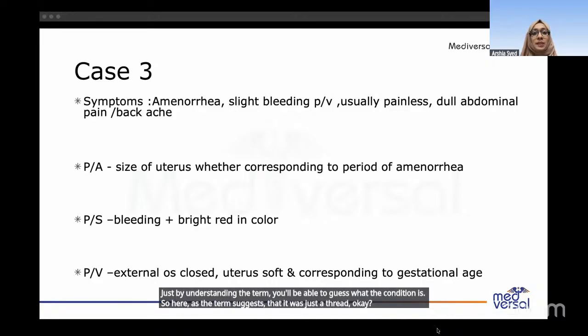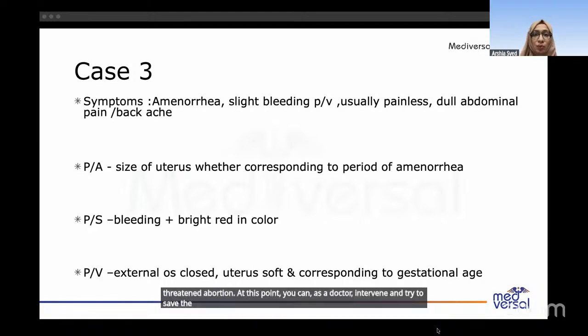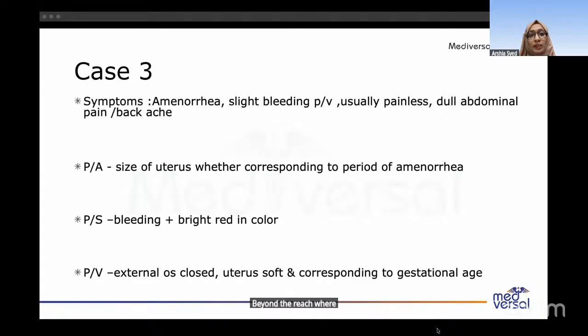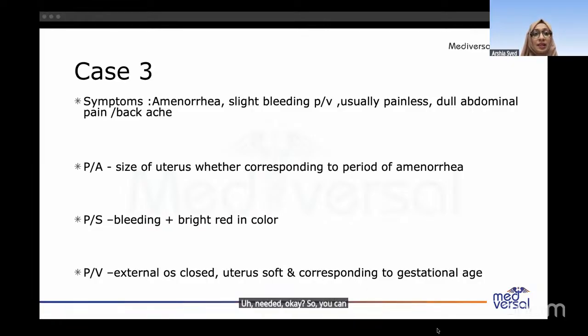That means there was a threat that it might get aborted, but the pregnancy continues. That type of abortion is called a threatened abortion. At this point, you can, as a doctor, intervene and try to save the pregnancy. So it has not gone beyond the reach where medical help will not be needed. You can still do something to save the pregnancy, is what I'm trying to get at.